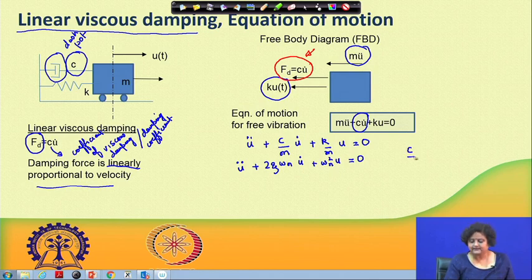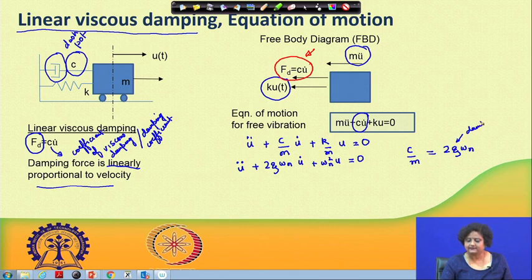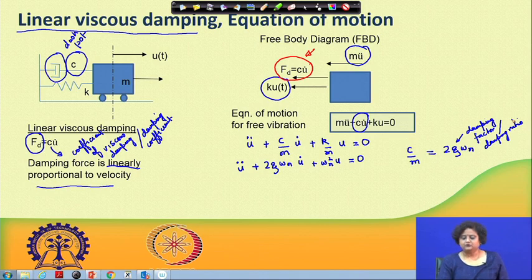Here we write c by m, the damping coefficient divided by the mass, as 2 zeta into the natural frequency omega n. This zeta is called the damping factor, or sometimes the damping ratio. This zeta is a fractional value, it always lies between 0 and 1.